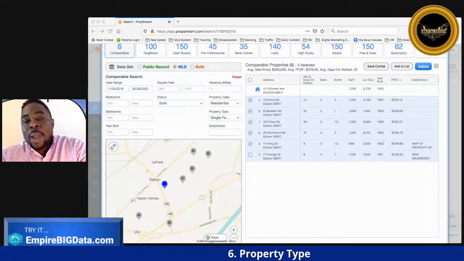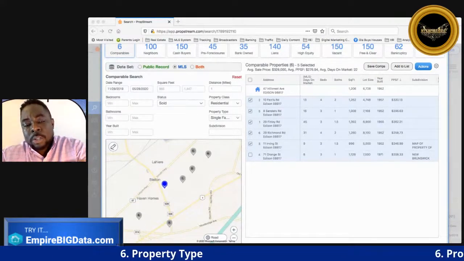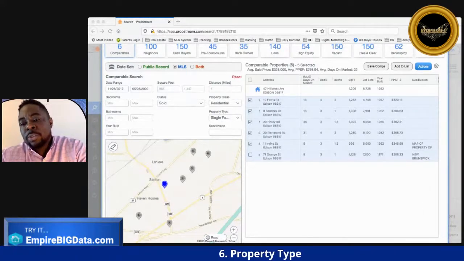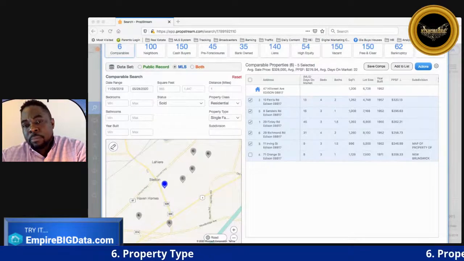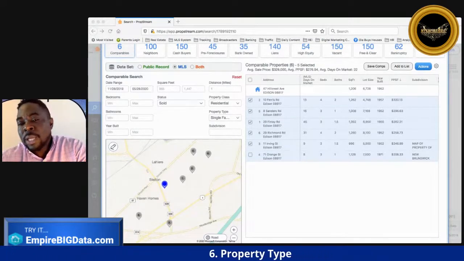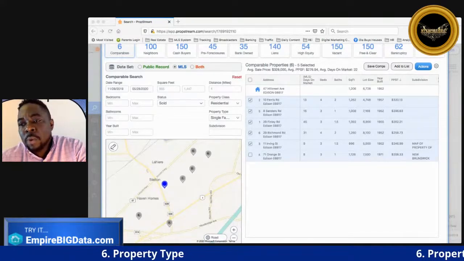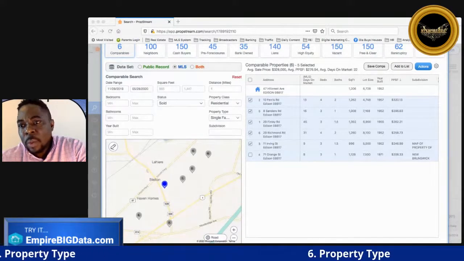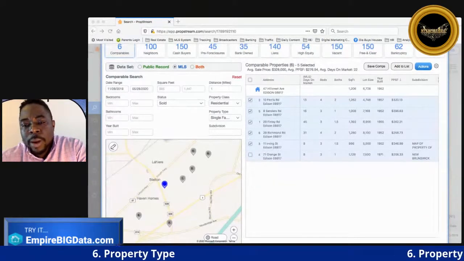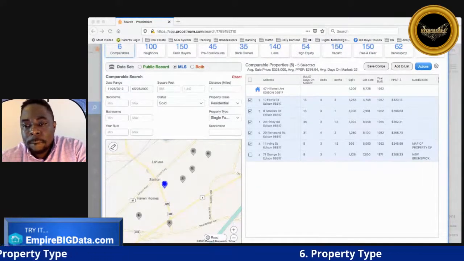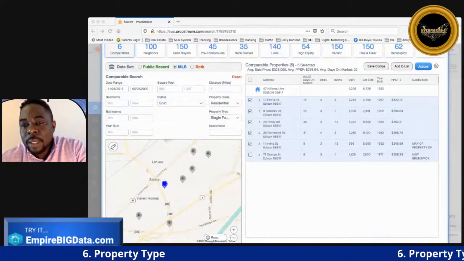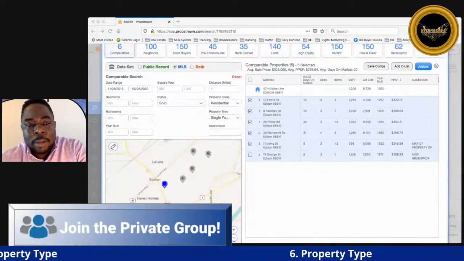Why do I prefer to use the price per square footage as opposed to using the sales price? Because if I had more on that list, it would be a lot more different. Why? Anyone know why? I know you've got to think about it, right? I get it.